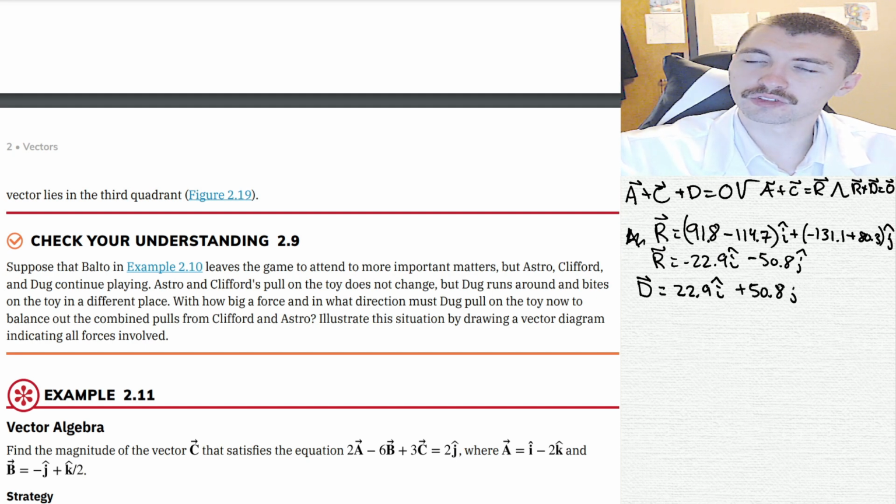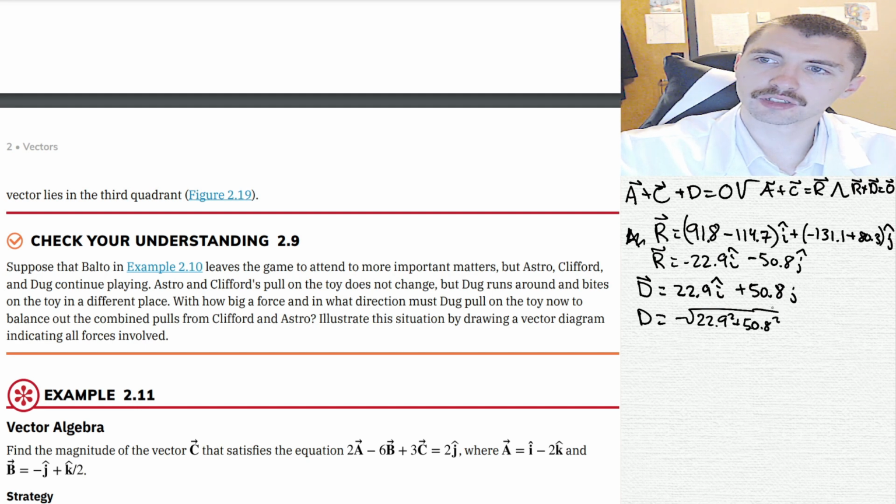So these are the components of Doug's. All right, so we want to find the magnitude of D. That would be the square root of 22.9 squared plus 50.8 squared.